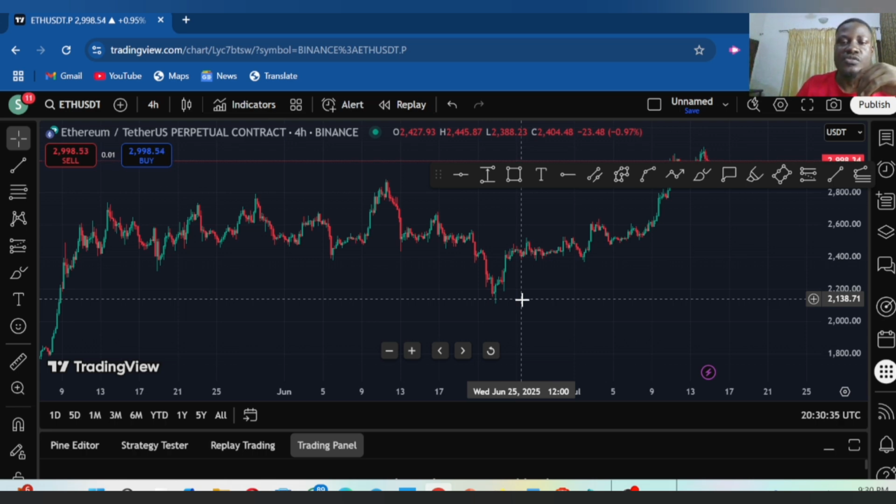Just like if you are looking at the floor which you are standing on right now, you understand that the floor is supporting you from falling. So that is what support does here. It prevents this market from dropping. It will be falling and gets to a point, it will now start reversing.